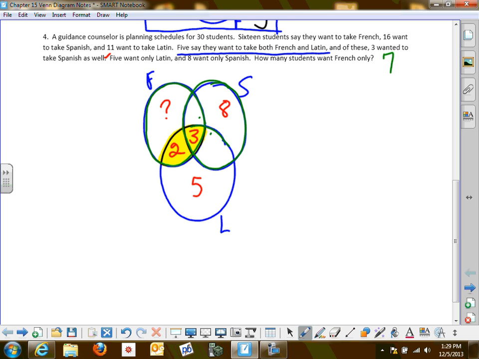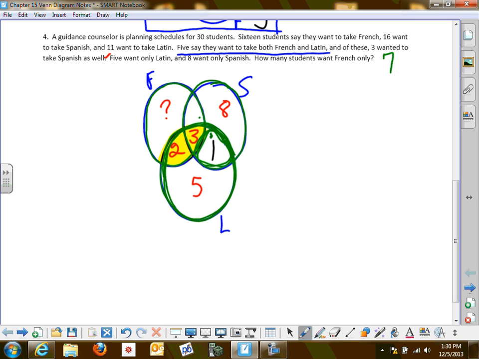But when you look at the Latin circle, it only has 1 unknown. This one right here. Okay, this section here. So, I can figure that one out. Because I know the total Latin is 11, and what's currently inside there is 10, so 1 is what's left.